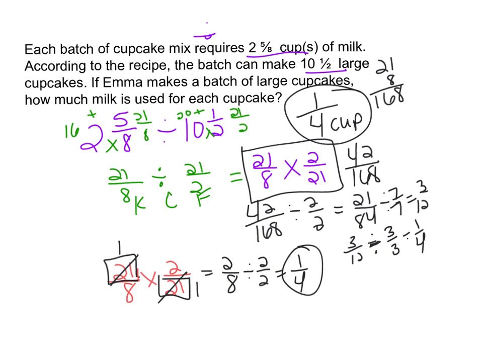So like if you notice, we have 2 and 5/8. Well, 2 and 5/8 could round to 3. And then you have 10 and a half will round to 11. So if it's division, it's going to be a little bit off, but at least you know that 3 will be divided by 11. But if you estimate before and you're able to do it, then go ahead and do it.